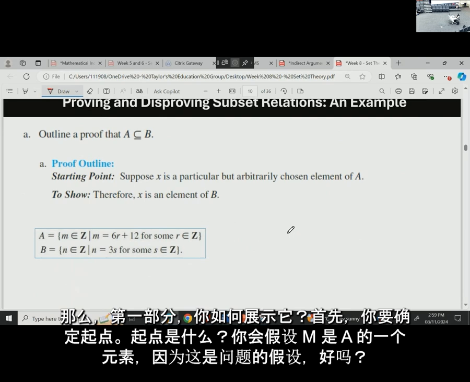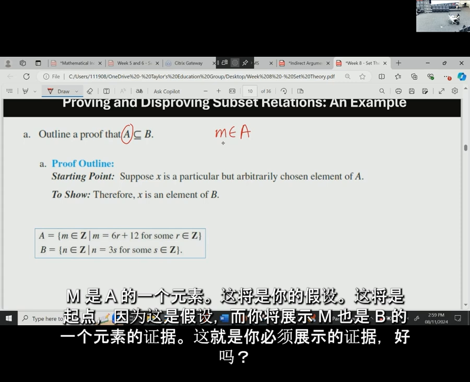First, you identify the starting point. What will be the starting point? You will assume that M is an element of A, because this is the hypothesis from the question. Okay. M is an element of A. This will be your assumption. This will be the starting point because this is the hypothesis.